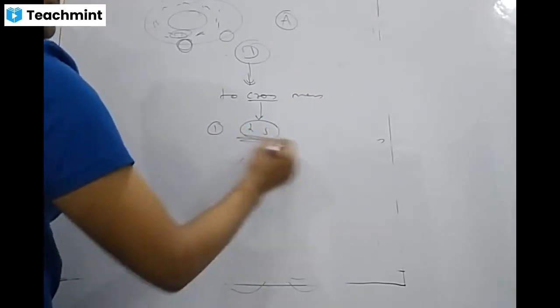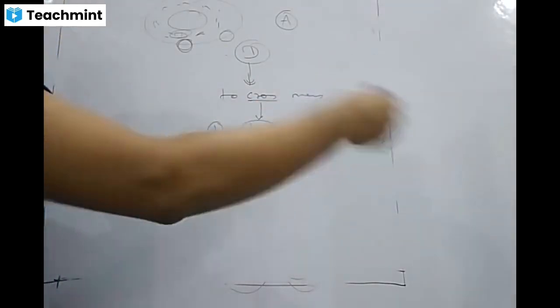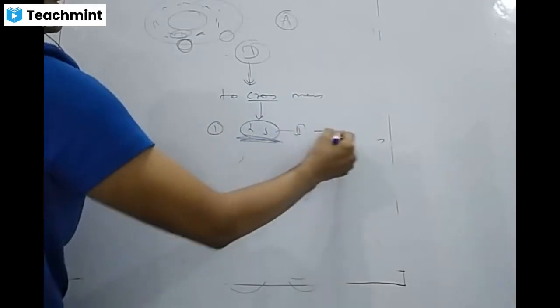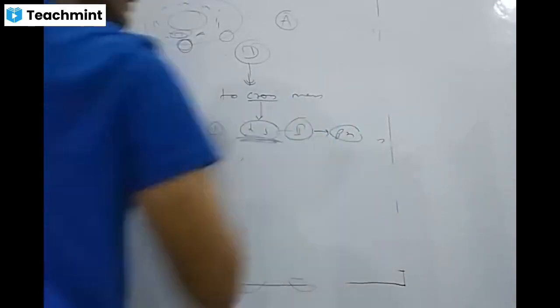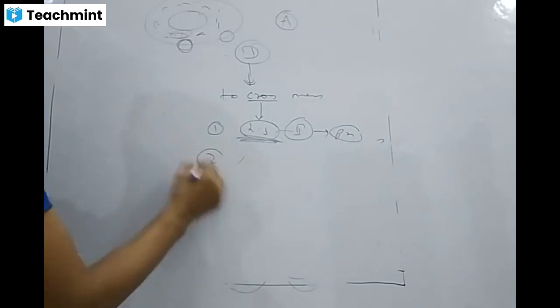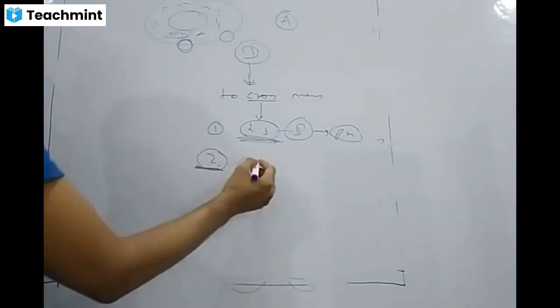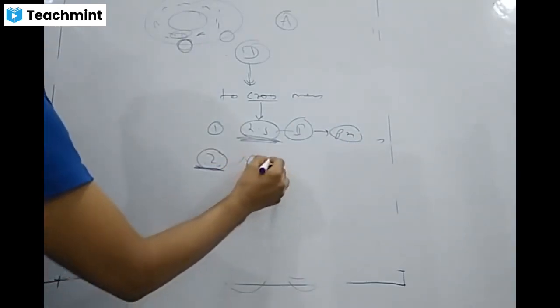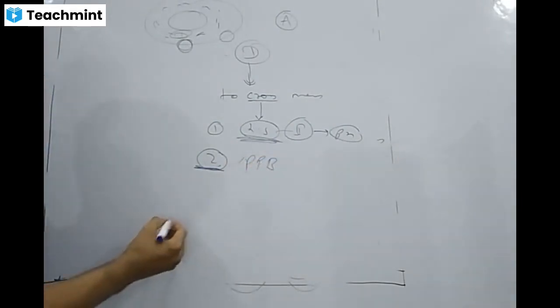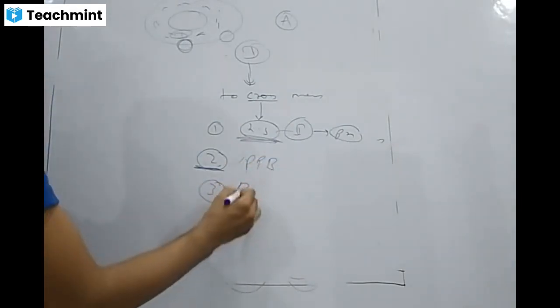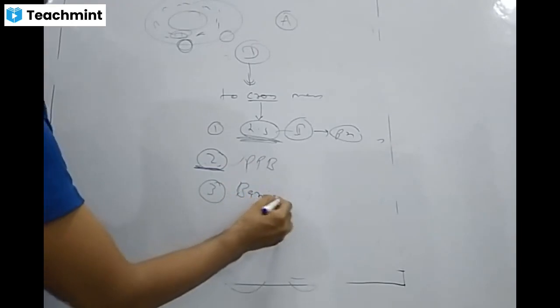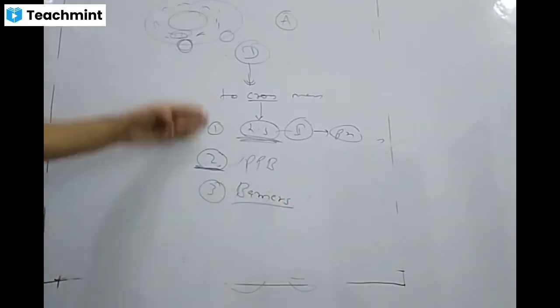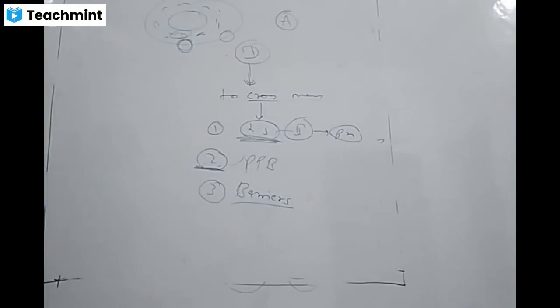We know lipid solubility is dependent on ionization, and ionization is dependent on pH, which we have already done. The second factor is plasma protein binding. The third factor is different kinds of barriers. So these are the factors on which distribution depends.